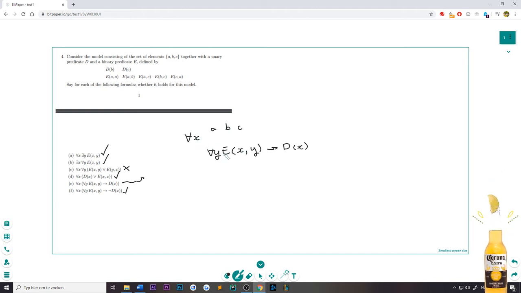If we take B as x, then the only y that we can choose is C, right? Because C is the only combination of xy that we can have with BC, right? And so if we have BC here, then that implies that we also have D of B, which we do, it exists.